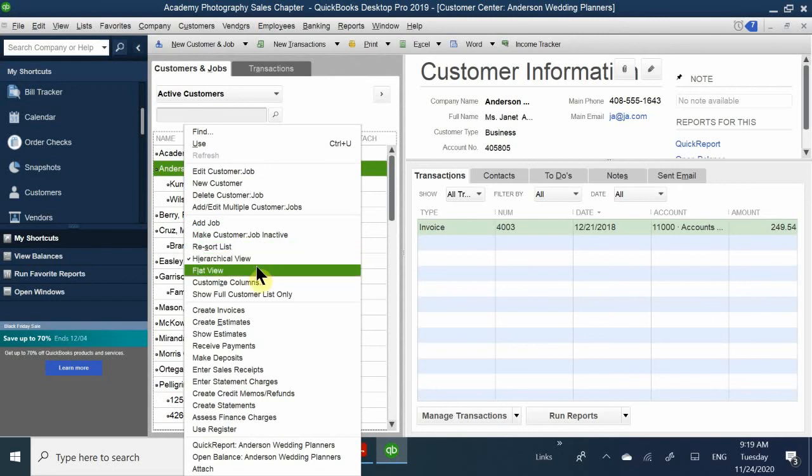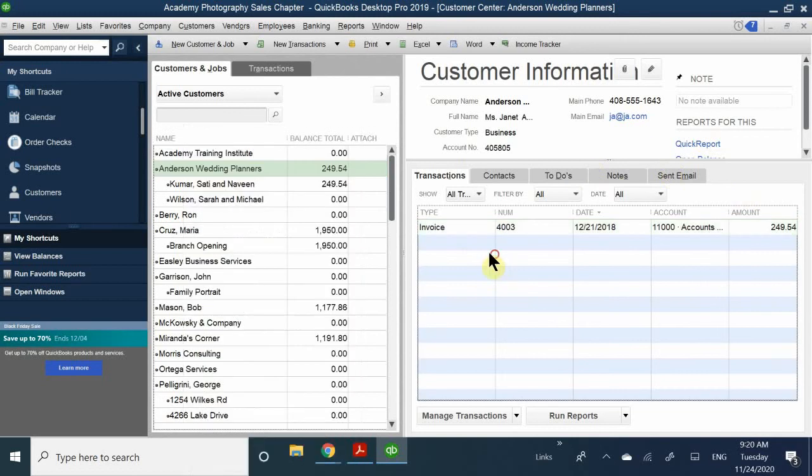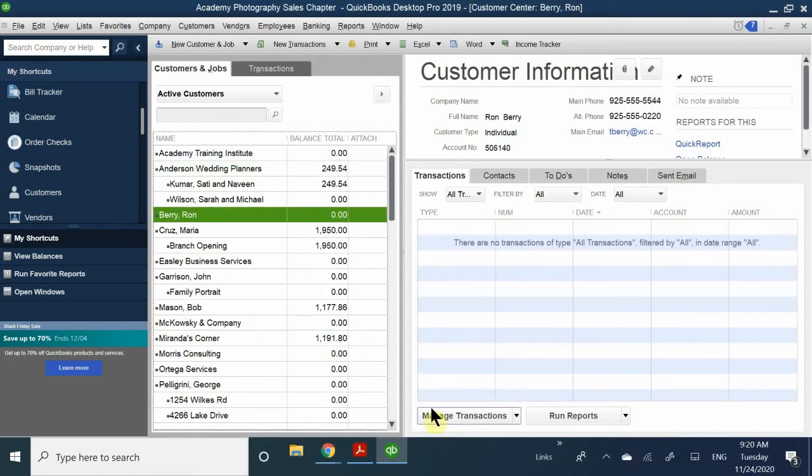Let me find it. Create estimates, receive payments. For here, enter sales receipts. You can also click on their profile, go to manage transactions, and create a sales receipt here.